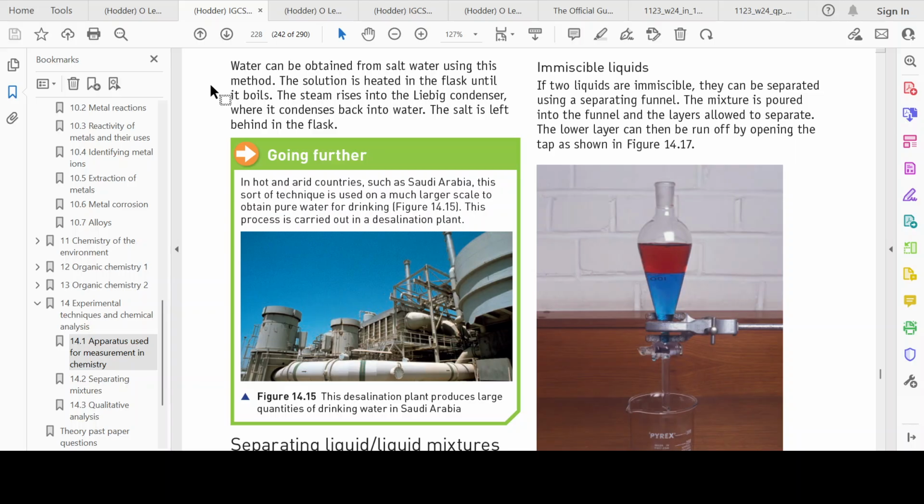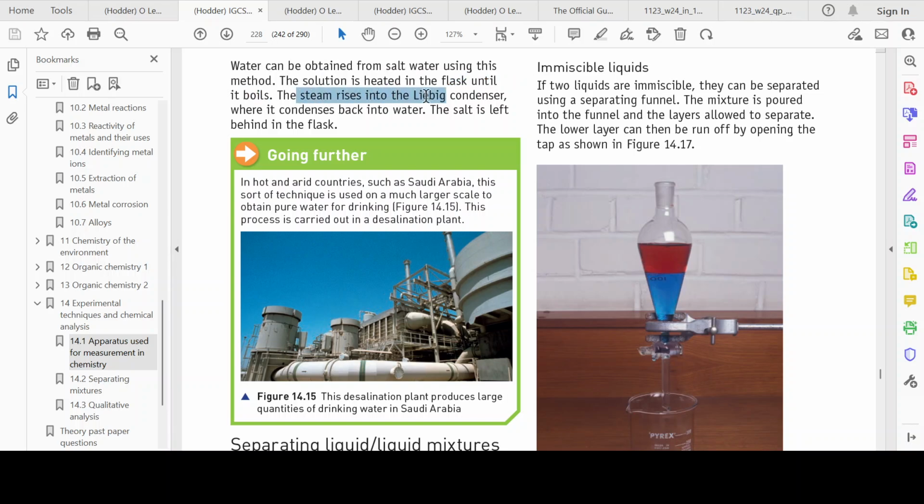So the method that we select depends on what it is we are aiming for. We could have the same scenario, and as I mentioned, if we are aiming to get the salt, we're going to use evaporation. If you're aiming to collect the liquid, we're going to use simple distillation. The solution is heated in the flask until it boils.